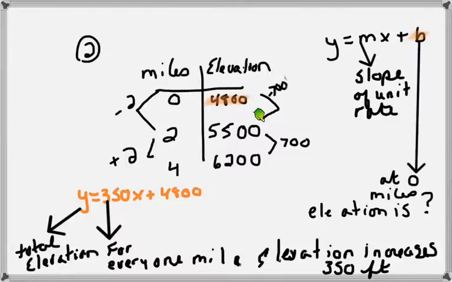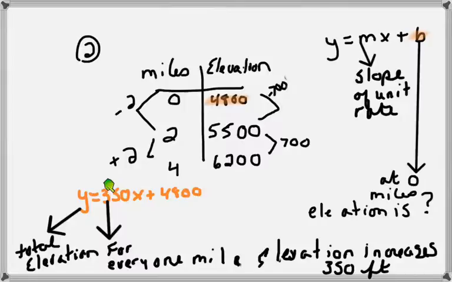Then I'd have to take 700 away on this side, because it added 700 going that way, I have to take 700 away if I'm going backwards. 5,500 take away 700 is 4,800. Therefore, the b, the elevation at 0 miles, is 4,800.